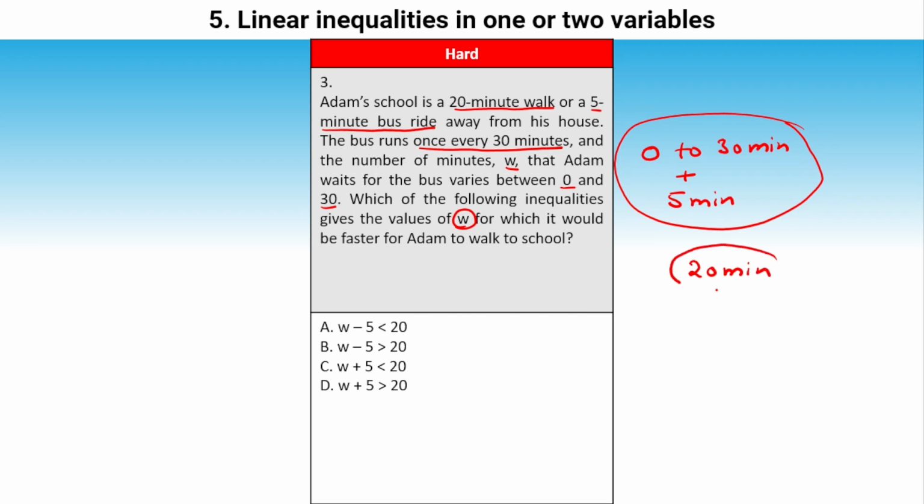Now we have to set up the inequality. It will be faster for Adam to walk to school means the time taken by the bus, waiting plus riding, should be greater than the time of walking, which is 20. The waiting time is w, which could be 0 to 30 minutes, plus the bus ride time of 5 minutes.